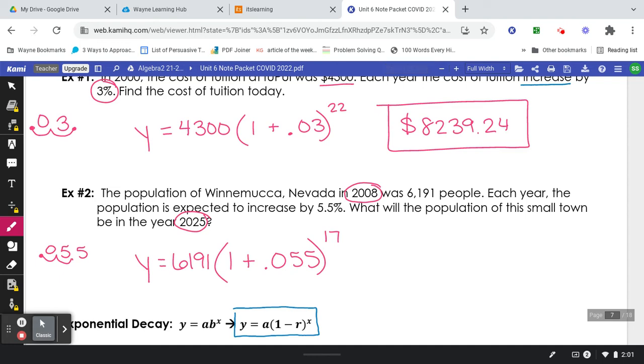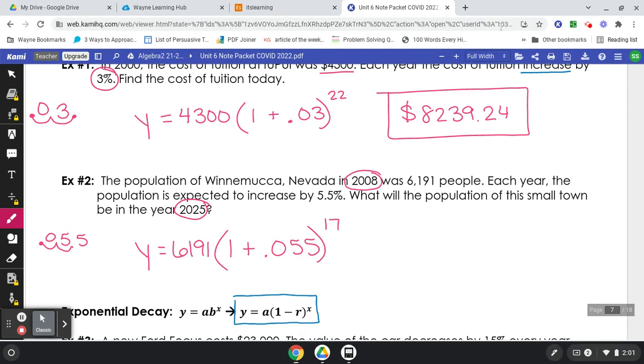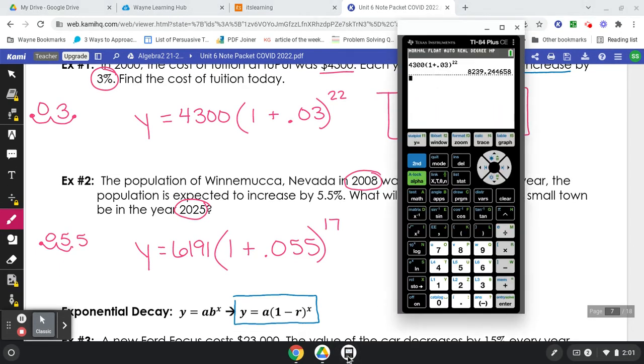Type this into the calculator. 6,191, parentheses 1 plus 0.055. Close the parenthesis and then raise it to the exponent of 17.